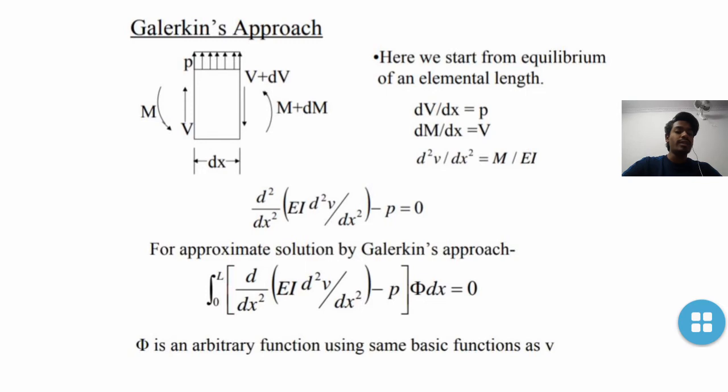For the approximate solution by Galerkin's approach, integration 0 to L of d square by dx square of EI d square v by dx square minus p, times phi dx equals 0. Phi is an arbitrary function using the same basis function as v.